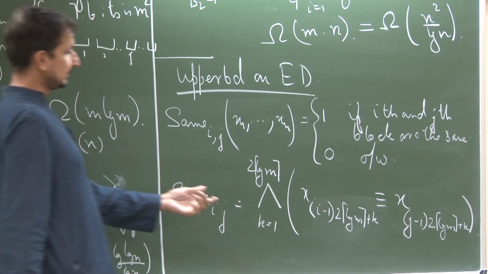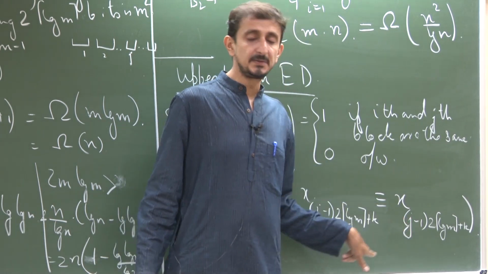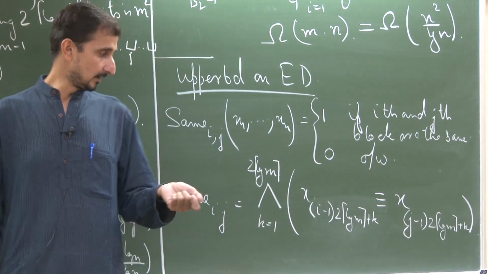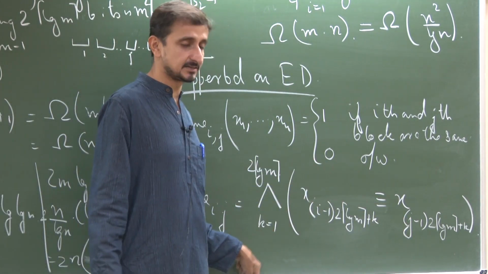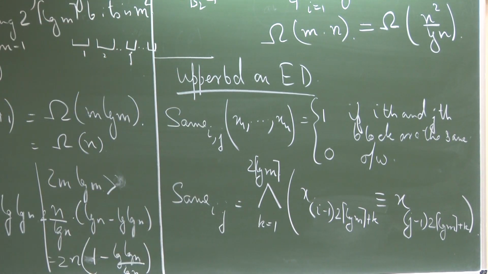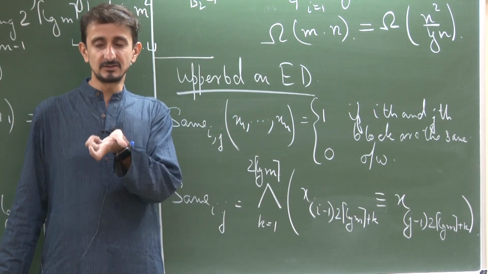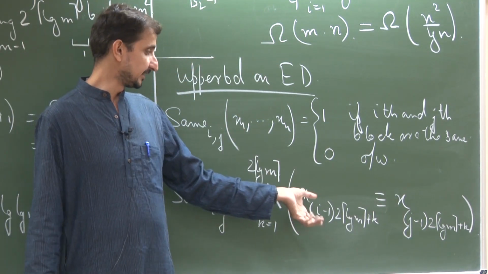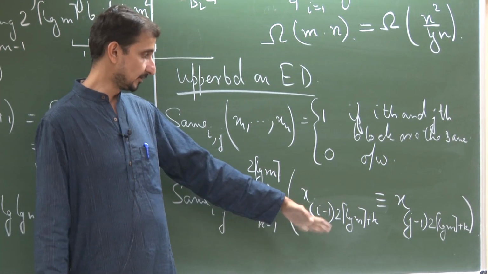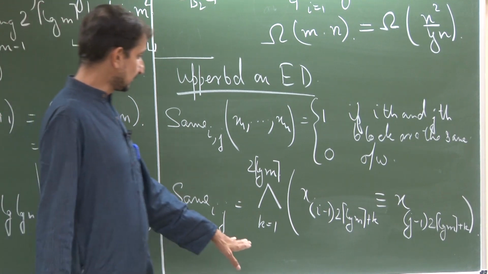And what do I mean by this equivalent sign? It means that if both these bits are 1 or both those bits are 0, then the function evaluates to 1, otherwise it evaluates to 0. And this can be done using a constant size formula, of size whatever 3 or 4.